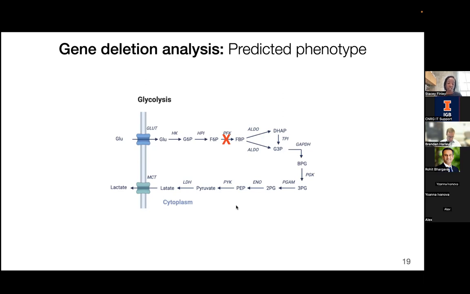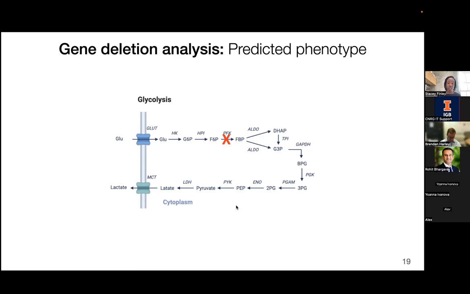And are there particular deletions that we can predict that would have a stronger effect on cells that were switched to CAF conditioned media?